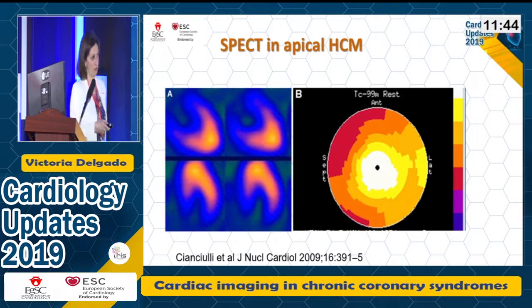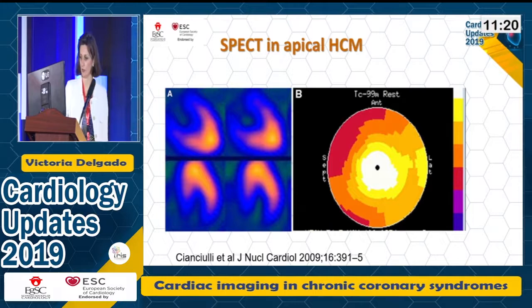If you take the bullseye plot, you see this sort of sun imaging with a defect of hypercaptation uptake in the apex, and that can give us erroneous information for the basal segment. So that would not be the imaging technique to use in patients with an apical hypertrophic cardiomyopathy.